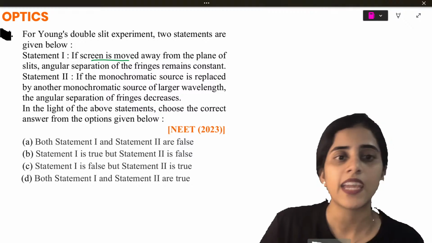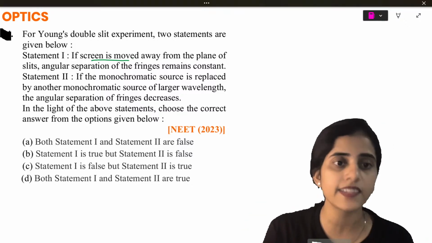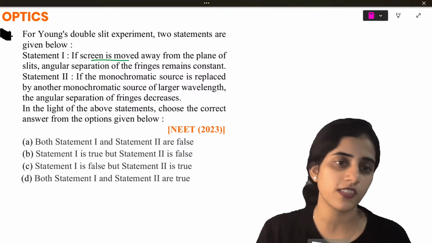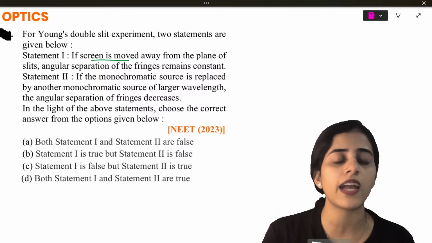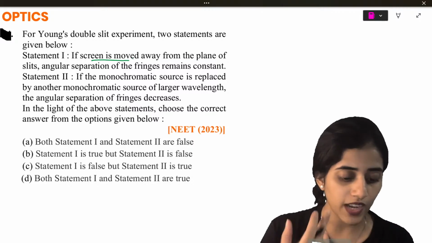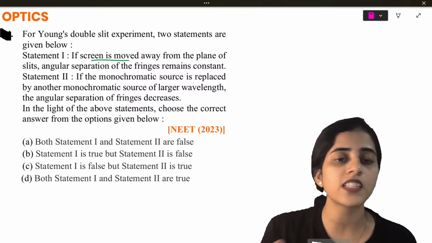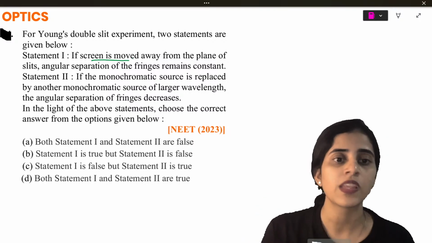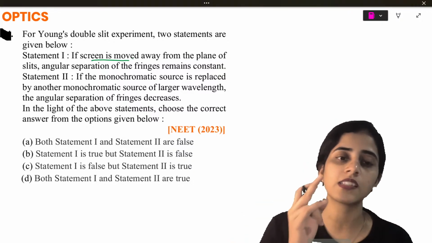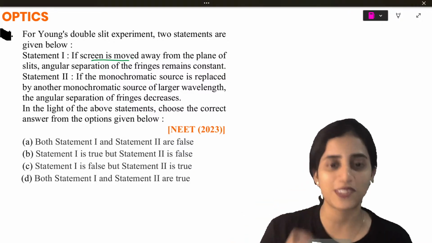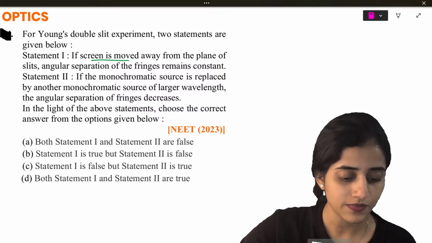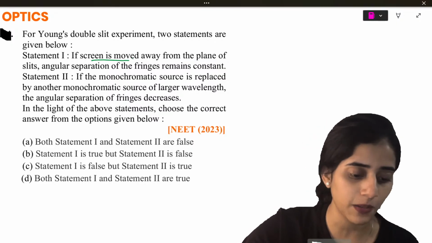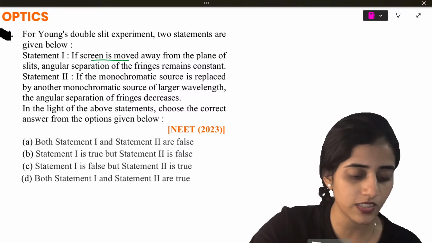If screen is moved away from the plane of the slit, angular separation of the fringes remain constant. Statement 2. If the monochromatic source is replaced by another monochromatic source of larger wavelength, the angular separation of fringes decrease. In the light of the above statements, choose the correct answer from the options given below. So choose it quickly.